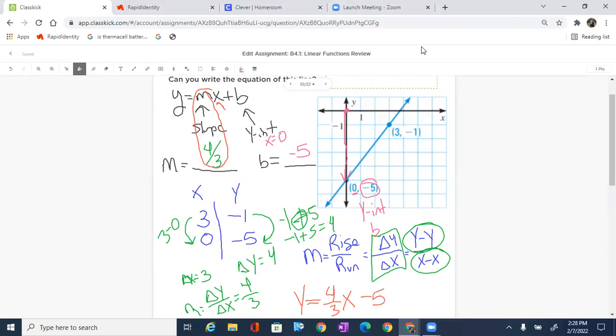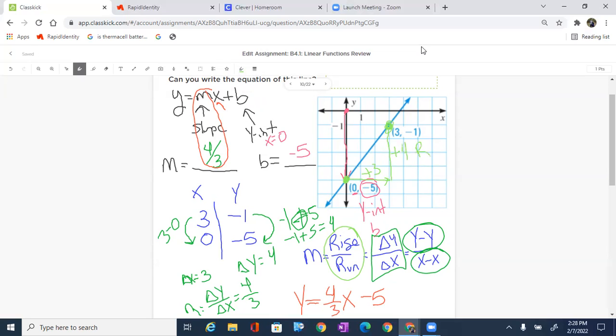Now, I did say we could do the slope another way, so I'm going to do that. I'm going to do the slope by looking at the idea of rise over run, and it's the exact same thing. We pick a point that is right on the intersection of two grid lines, and we rise and we run. We make a step. So we go over 3 and up 1, 2, 3, 4.